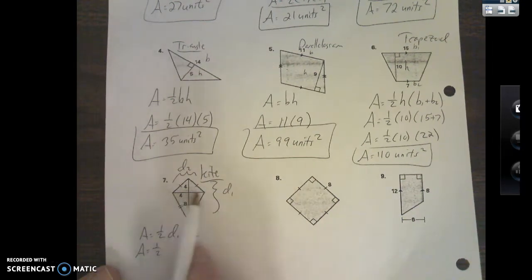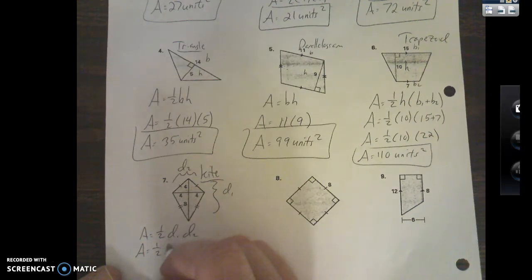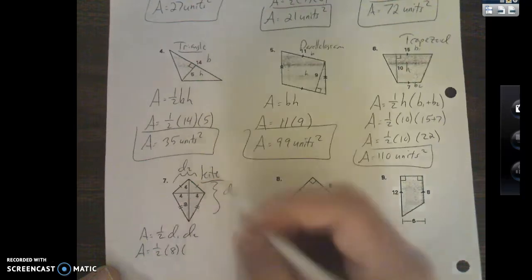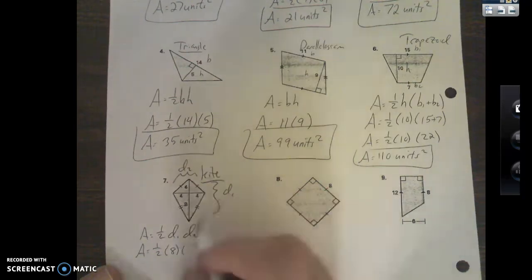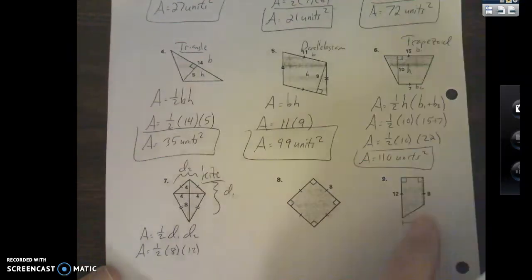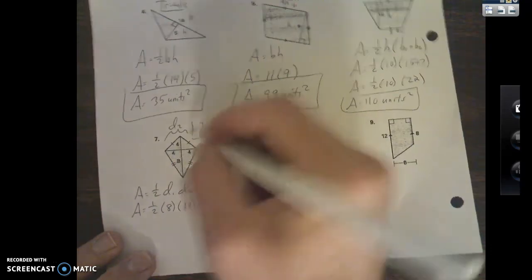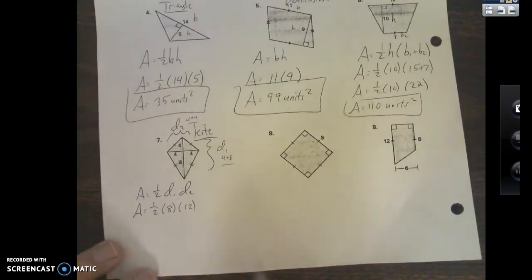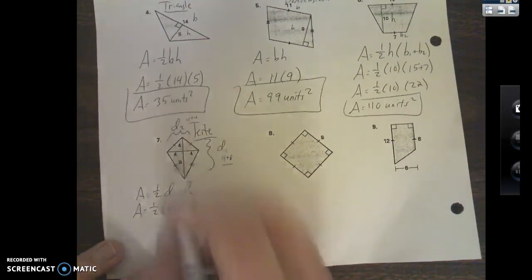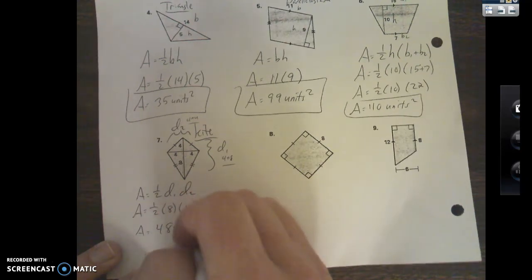The full length across is 4 plus 4, which is 8. The full length up and down is 4 plus 8, which is 12. Okay? I know it can be a little tricky, but how did I get D1? It was 4 plus 8. How did I get D2? It was 4 plus 4. Alright, half of 12 is 6. 6 times 8 is 48 units squared.